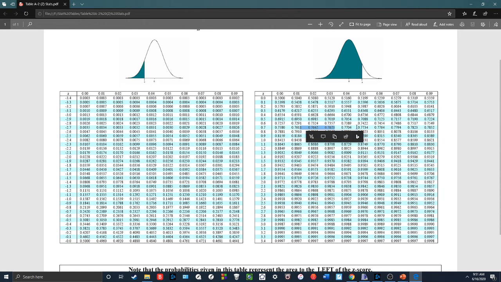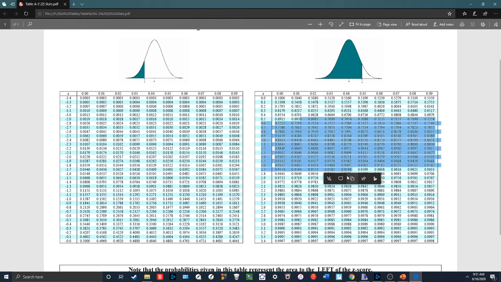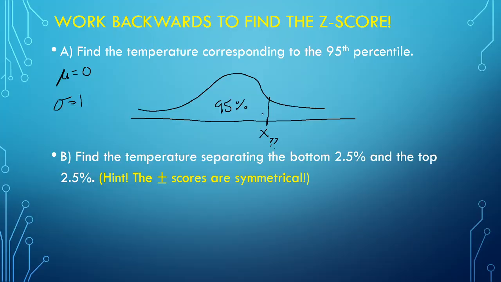Yes, they are probabilities, but remember, because it's a density curve, these probabilities also represent the area and vice versa. So if I'm asking essentially what value separates the bottom 95% area from the top 5% area, because remember the entire curve is 100% or 1, then all I need to do is simply look up what z-score matches a probability or an area of 0.95, because again, it's given to me in decimals here.